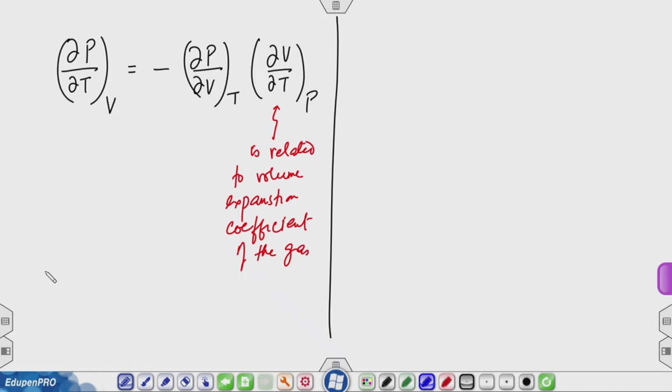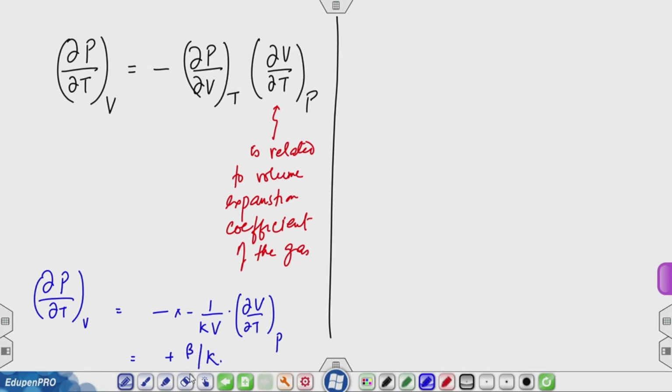So I have partial P partial T at constant V is equal to minus, again, partial P partial V, which we have already calculated, minus 1 over kappa V, and then I have partial V partial T at constant pressure, the constant pressure expansion coefficient, which is then plus 1 over V partial V partial T at constant P, is beta divided by kappa.